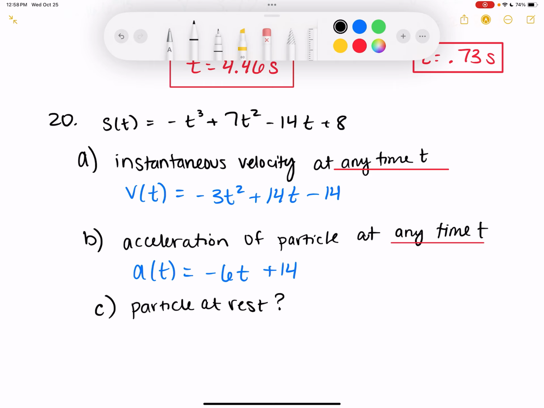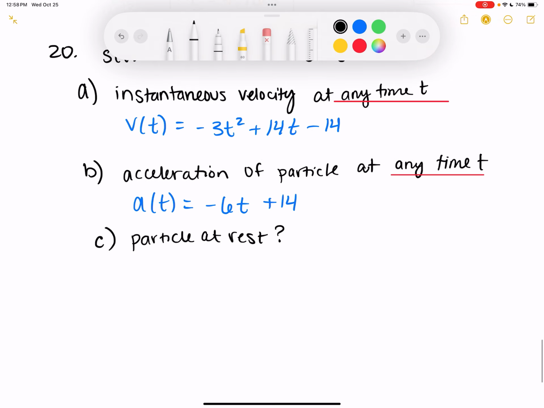At rest would imply what? Velocity would have to be zero because I'm trying to figure out when it's at rest. That means time. So I'm going to take my velocity function here and set it equal to 0.